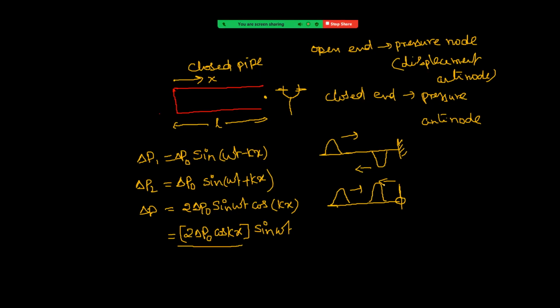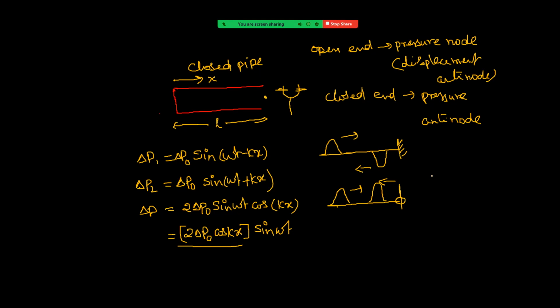This is what we have learned. In strings, reflection of a pulse from a fixed end is inverted, there is a phase change of pi. When reflection takes place from a free end, there is no inversion, it simply comes back as it is.